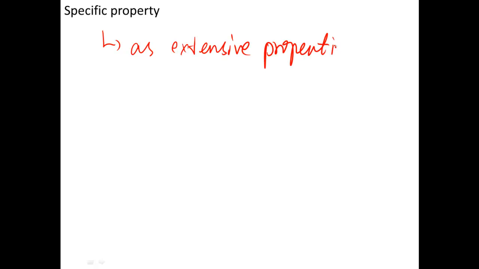Actually, this sort of property belongs to extensive property, and we define specific property as extensive properties per unit mass. So we see only extensive properties have specific properties, because intensive properties, as I mentioned, do not depend on mass.